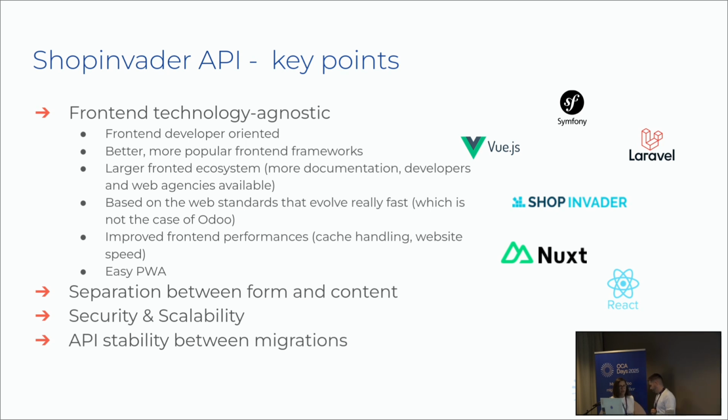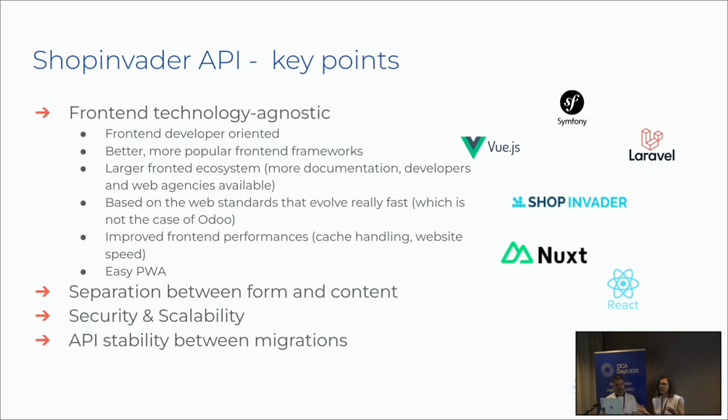So, the key point of the Shopinvader API is that it's a front-end technology agnostic solution. It means that we at Acsone, Akretion, and Camptocamp developed an open source stack. On one side you have the API, on the other hand we have the Nuxt and VueJs template.